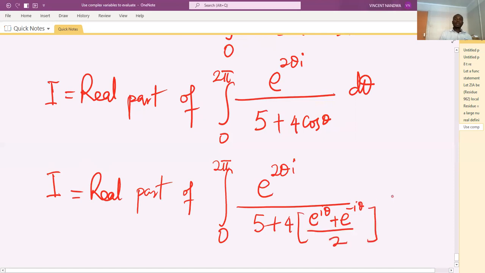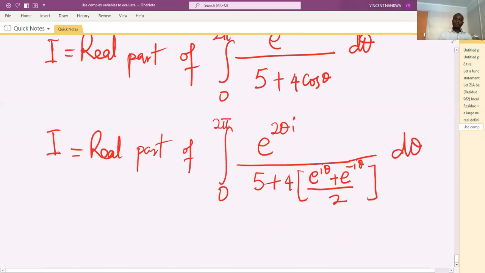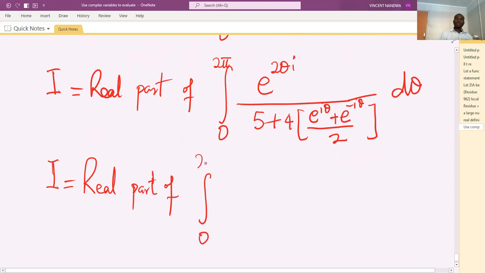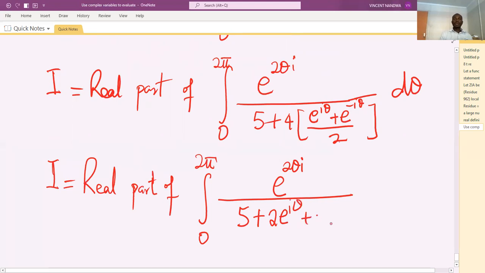And then this is with respect to theta. So I will be the real part of the integral from 0 to 2 pi of e raised power 2 theta i over 5 plus, now you see this will be 2, so 2 e raised power i theta plus 2 e raised power minus i theta, d theta.